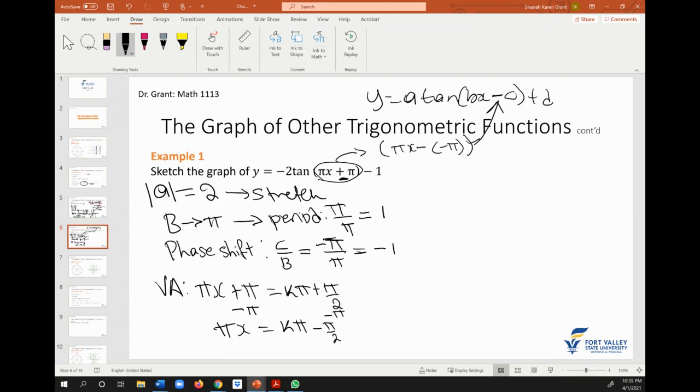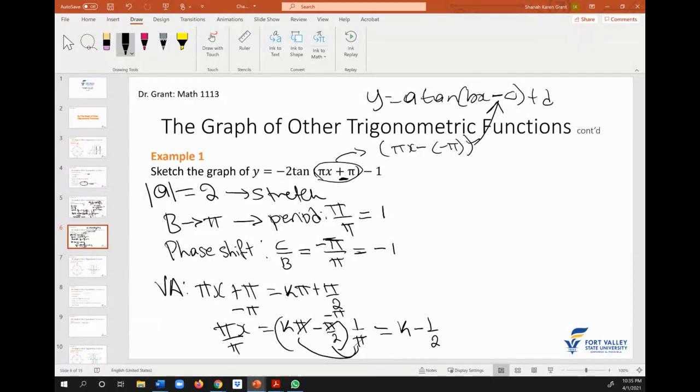Okay. And then we divide both sides by pi. Or you can look at it as though we are multiplying both sides by 1 over pi. So this goes away for each, because I'm multiplying each term by 1 over pi. And so this becomes k minus 1/2.